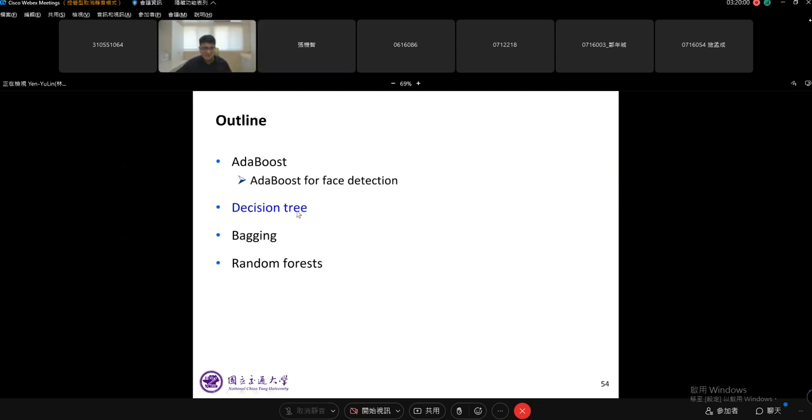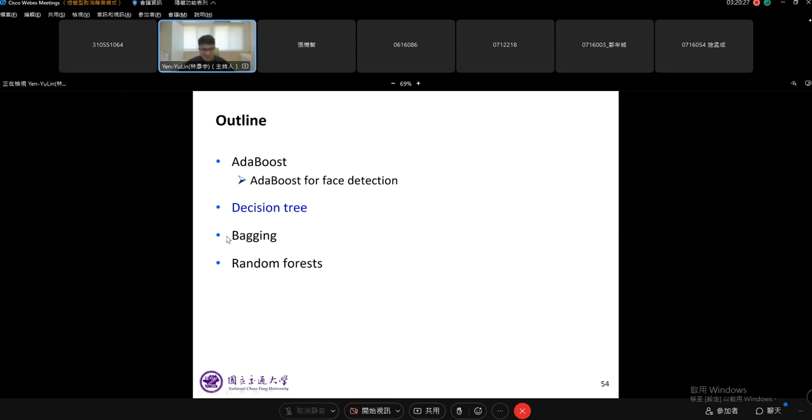In the following, let's talk about a widely used, simple and effective machine learning methodology called the decision tree. Decision tree is simple and useful, but it tends to overfit, and it is not very robust.